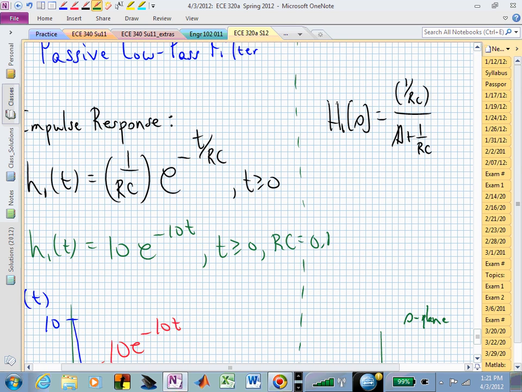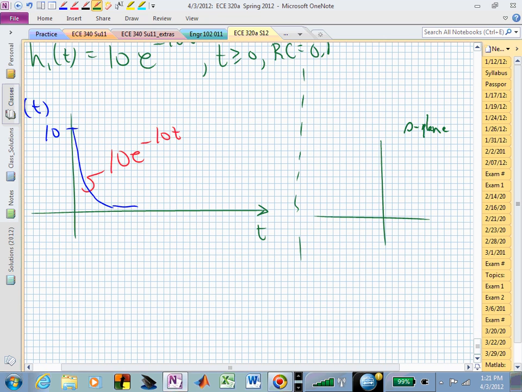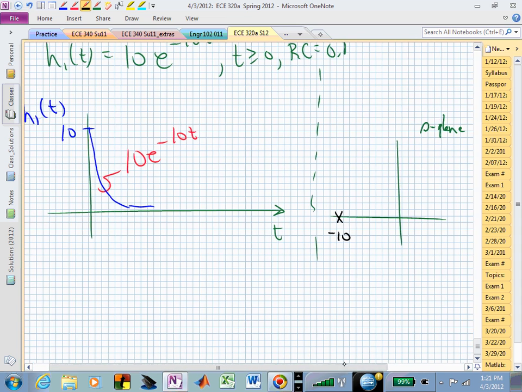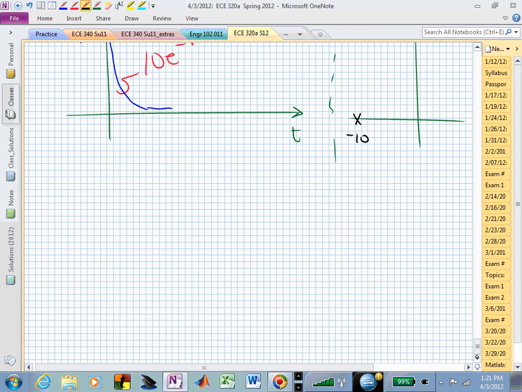If we wanted to sketch the pole zero diagram, what would it look like? How many open circles or zeros would I put on that S-plane? None. And I have a pole in the example that I used at minus 10. That was my pole location. That's my system.